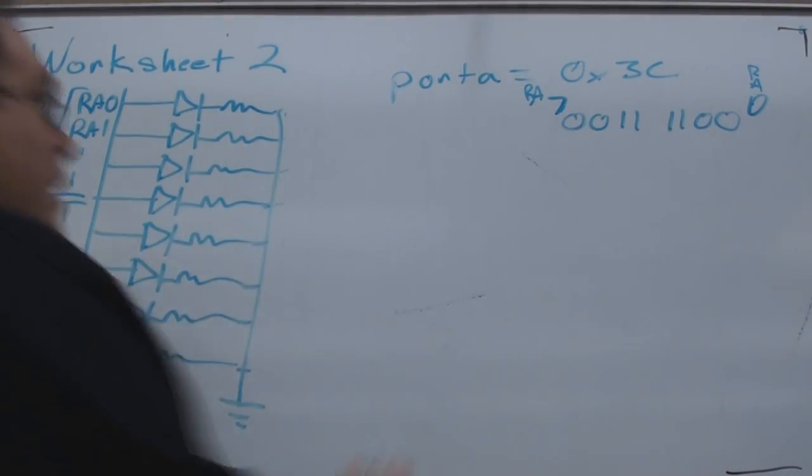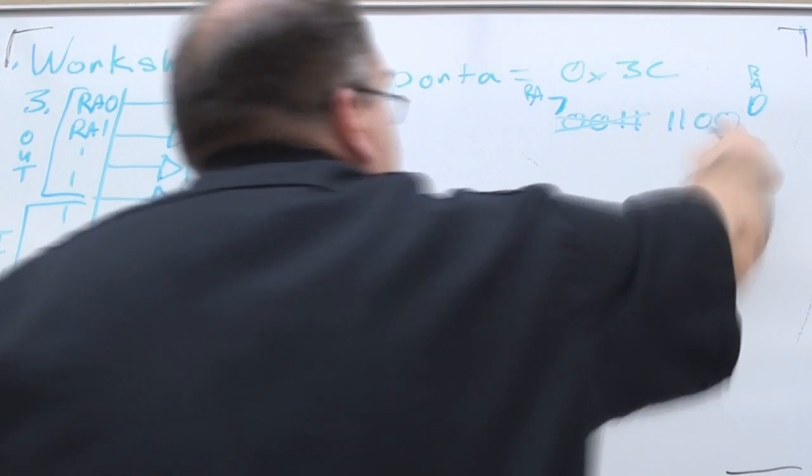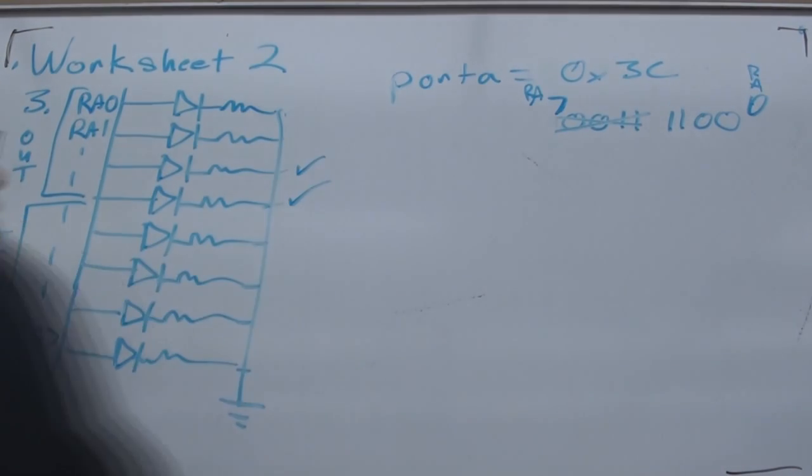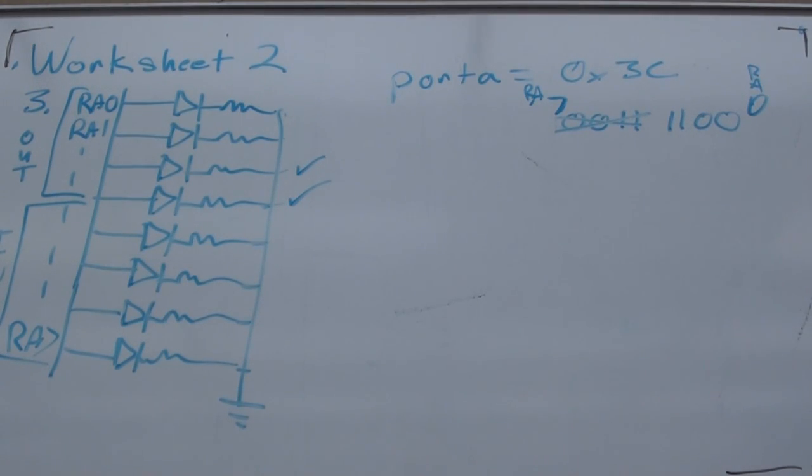Remember, this is the most significant bit, and this is the least significant bit. So this is RA0 over here, and this is RA7. We said already that these are inputs, so none of these will come on. These ones will drive high, and these ones will drive low. So these 2 LEDs will come on.